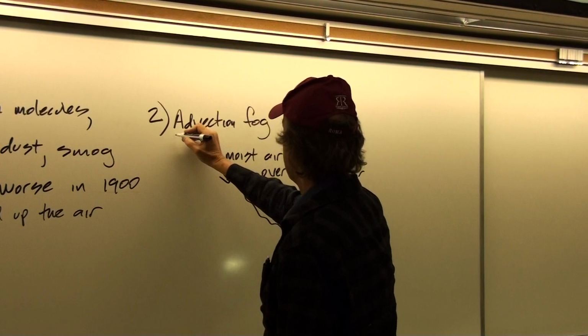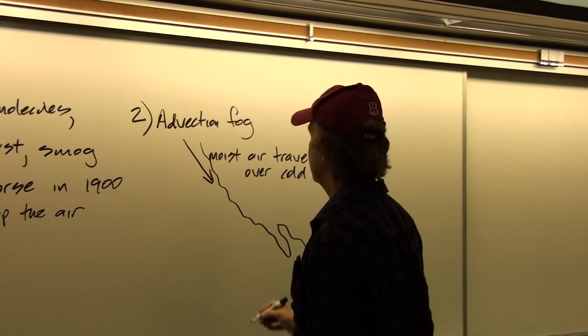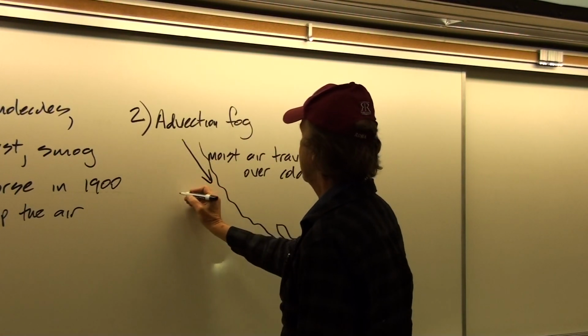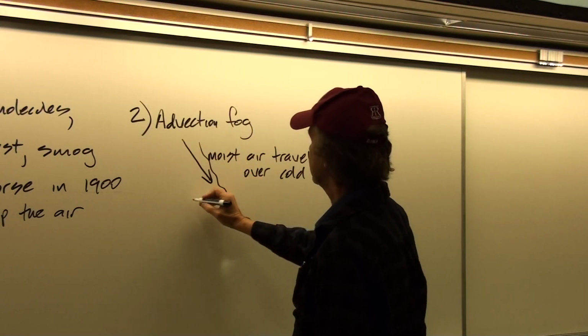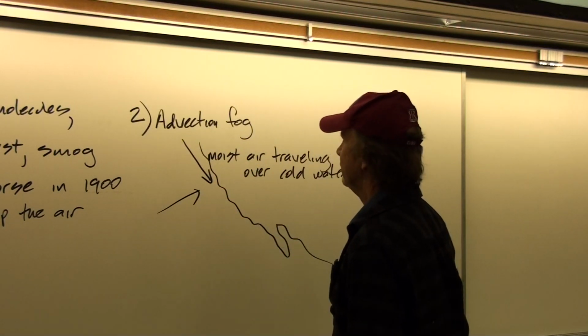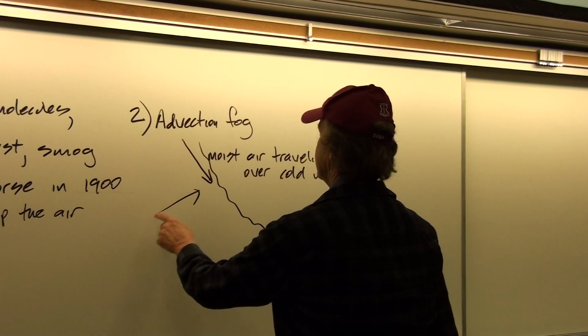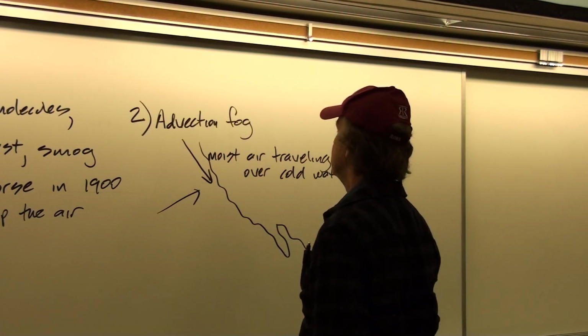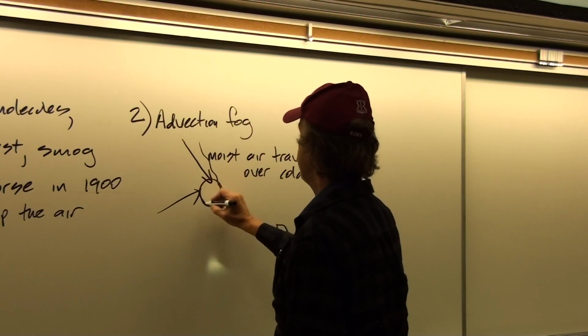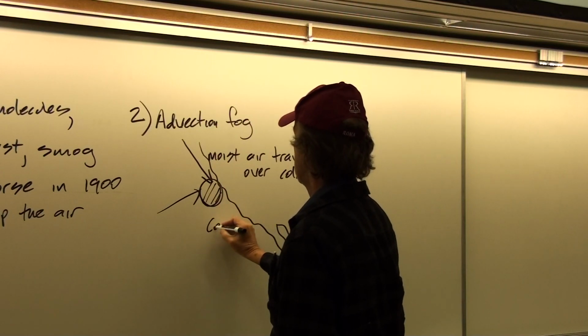And so that tends to happen then in Southern California. We have air that can move from north to south, or it can move from west to east into our area, but the water here is very cold.